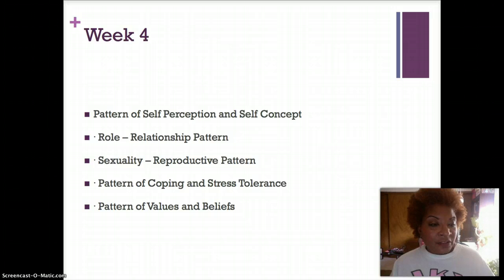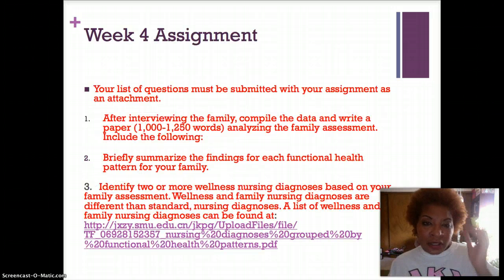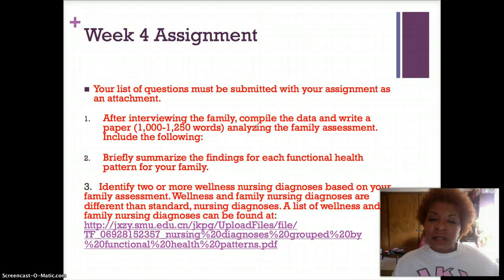And the instructions are here. Again, do your reading, list out Gordon's functional health patterns, develop your 3 questions for each of Gordon's functional health patterns, and then interview your family, summarizing your findings related to each functional health pattern, and then identify 2 or more wellness nursing diagnoses based on your family assessment.